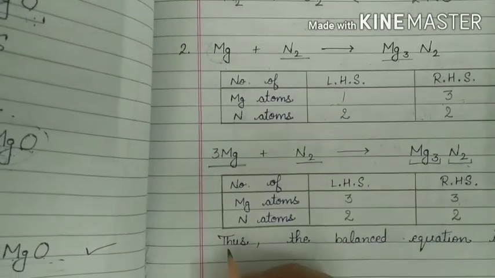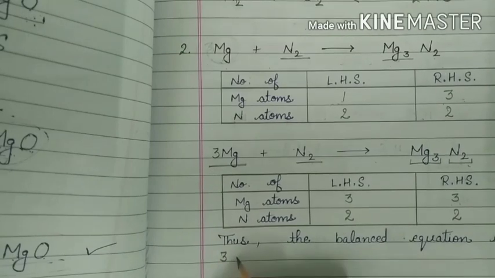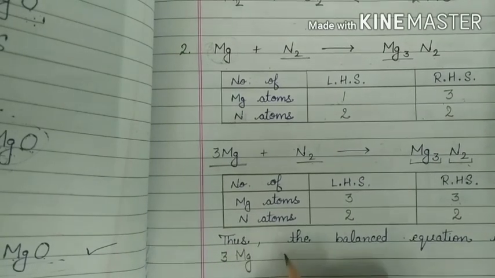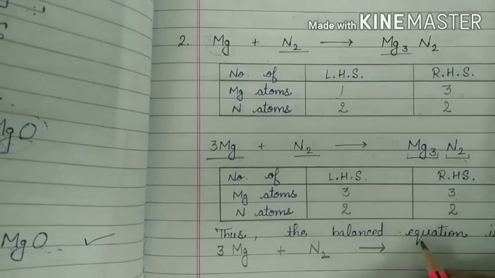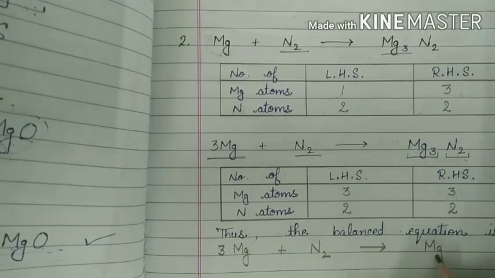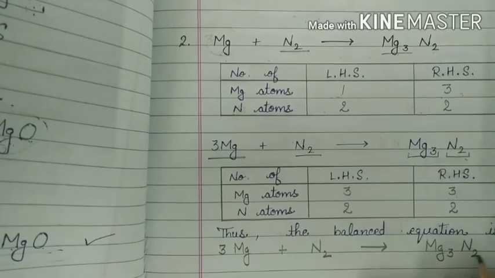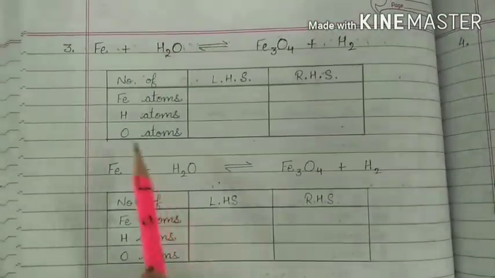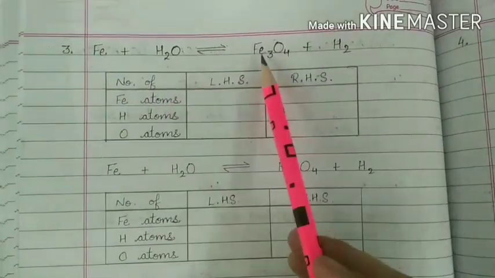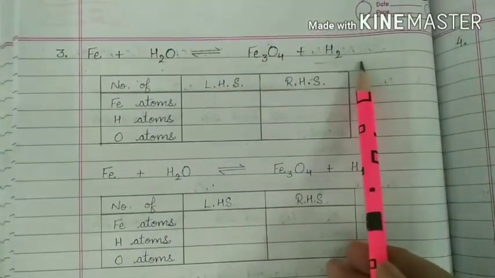So the balanced equation here is 3Mg plus N2 gives Mg3N2. Moving on to the next equation, we have iron plus water gives ferrosoferric oxide and hydrogen.